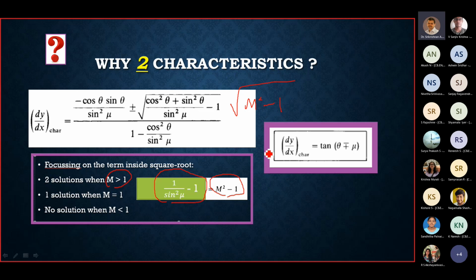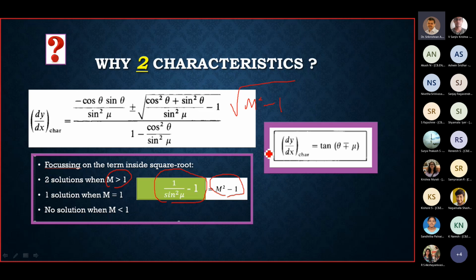So you have minus cos theta sin theta divided by sin squared mu, plus or minus the square root of M squared minus 1, divided by 1 minus cos squared theta by sin squared mu. So that's the slope, and because of the two values, you can have two different solutions.